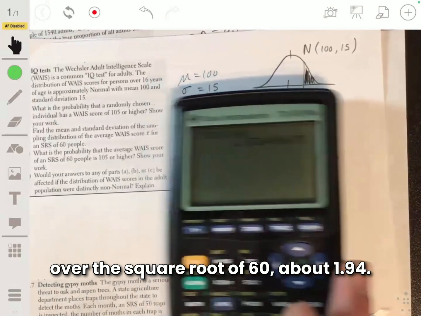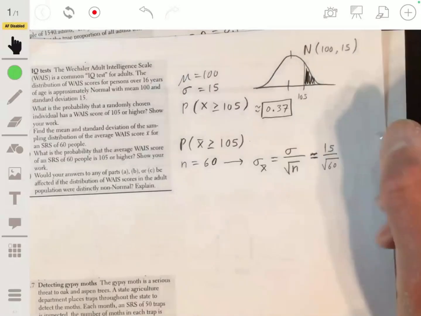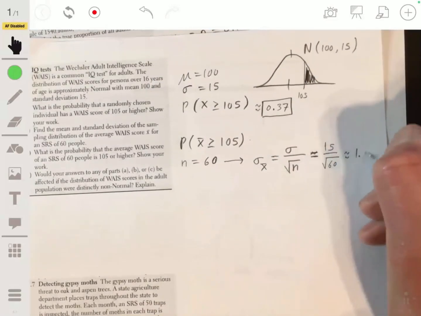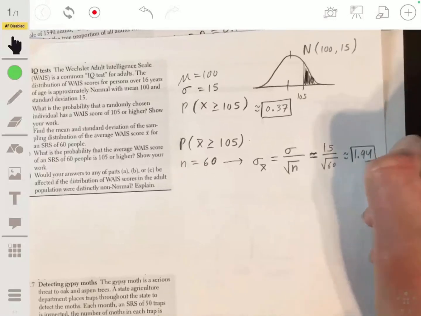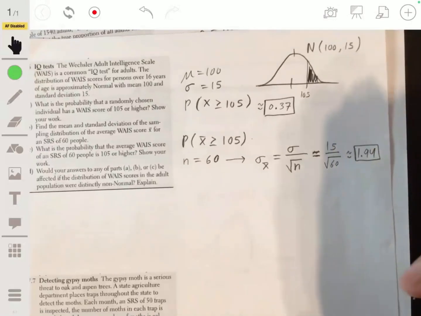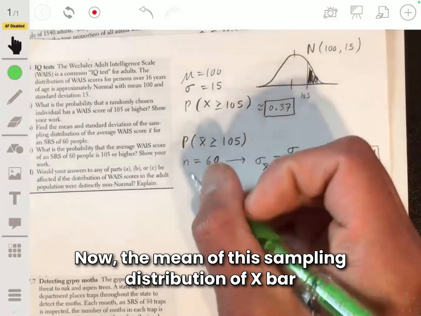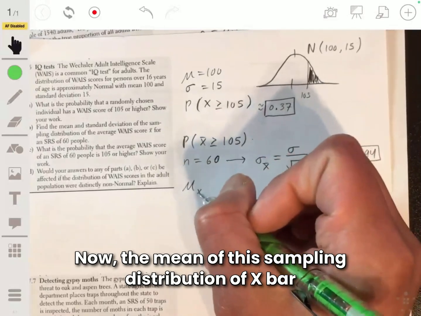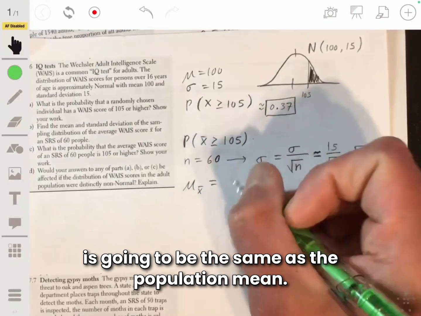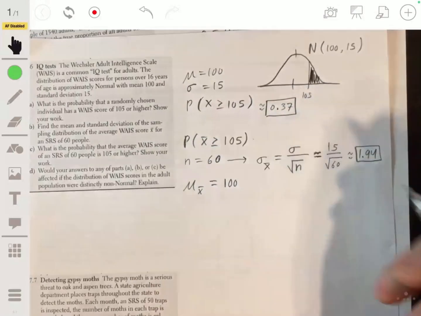About 1.94. Now the mean of this sampling distribution of X bar is going to be the same as the population mean, so it's still going to be 100.